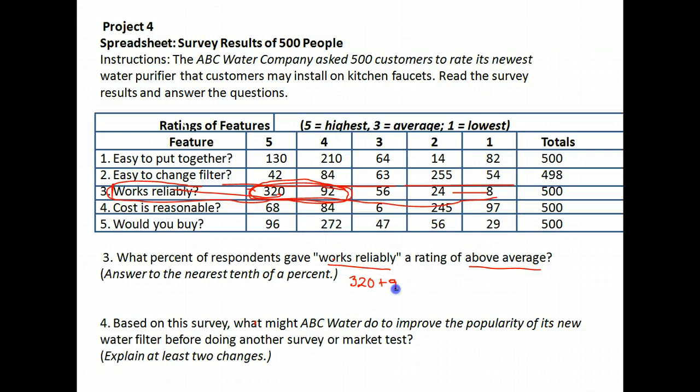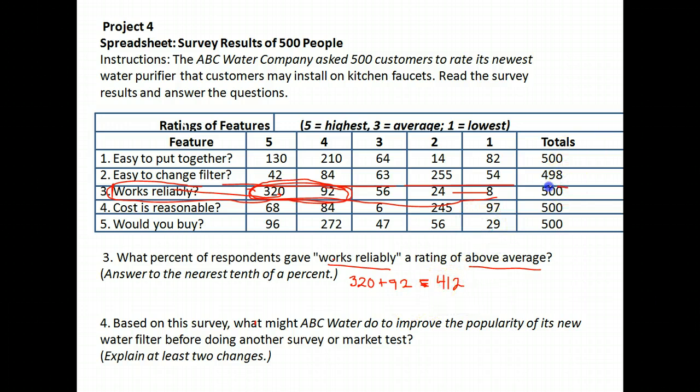So let's total those. 320 gave a rating of 5 and 92 gave a rating of 4. That gives me a total of 412 so far. Of those 412, what percent is that of the total?